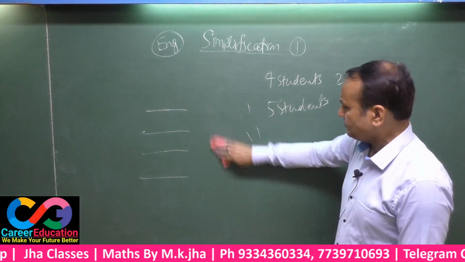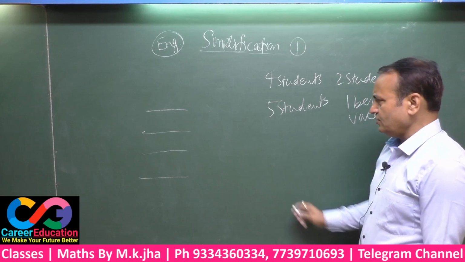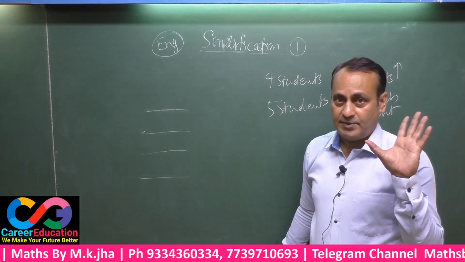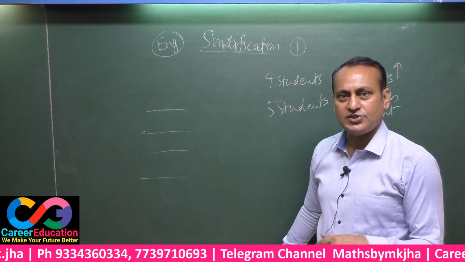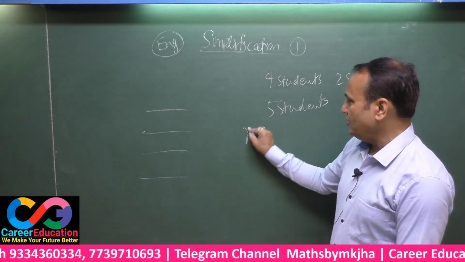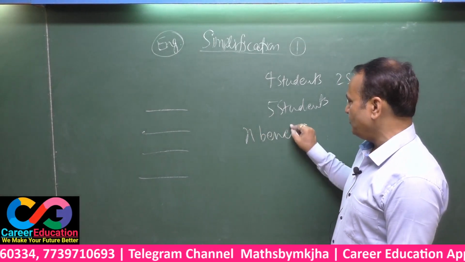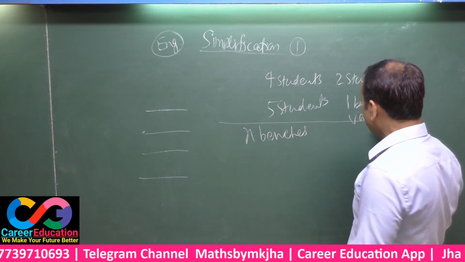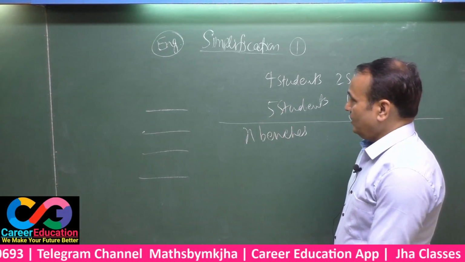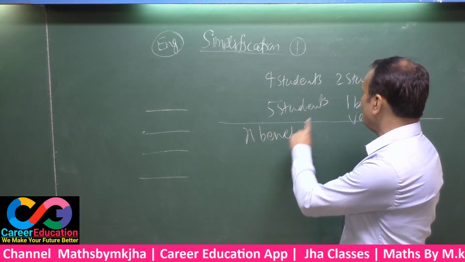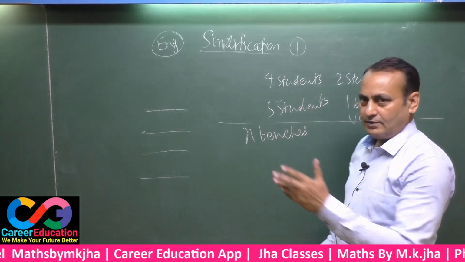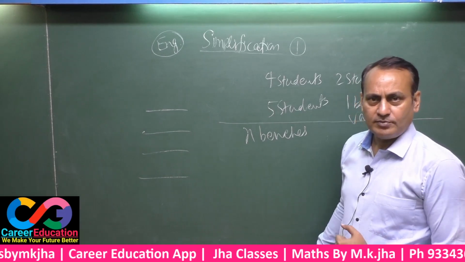See here. This will be solved through only the basic method. That means one equation will be formed, and you have to solve that equation. You will get the right answer. Suppose x benches are there. If 4 students are sitting on a single bench, 2 students remain standing in the classroom.